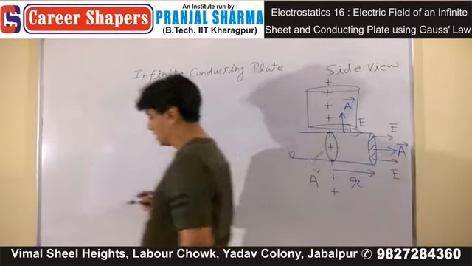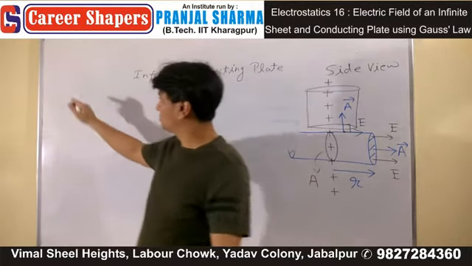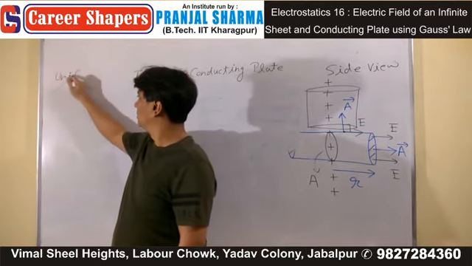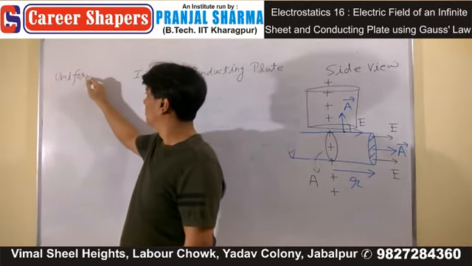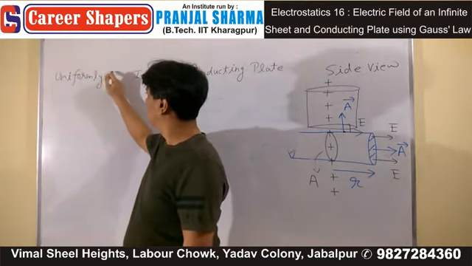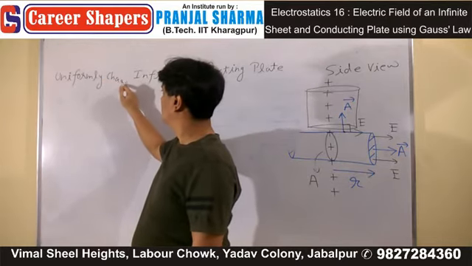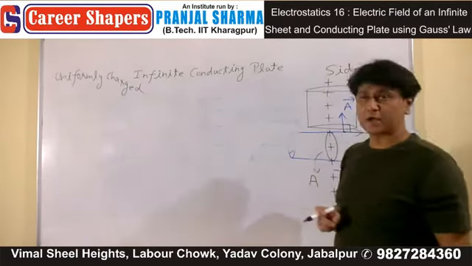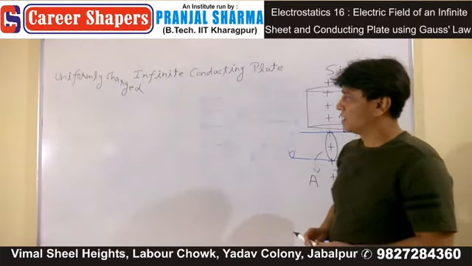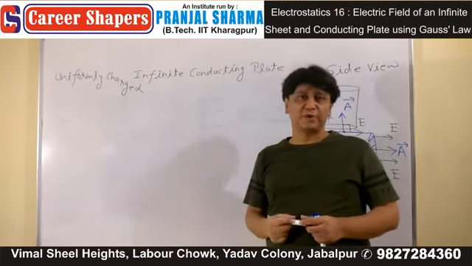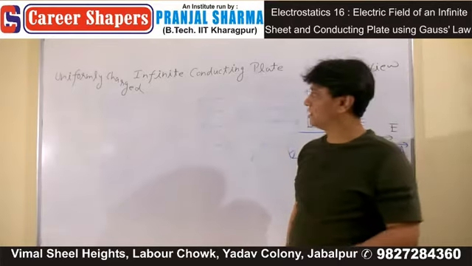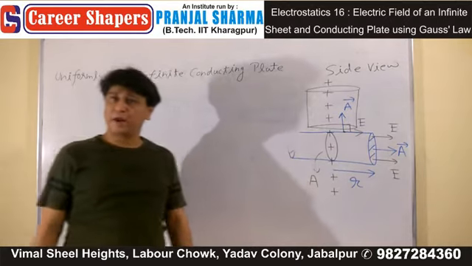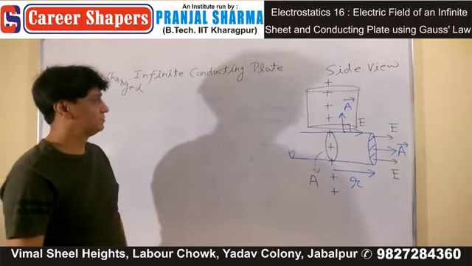Now this is uniformly charged. Uniformly charged infinite conducting plate. What is the difference between an infinite sheet and an infinite plate which is conducting?